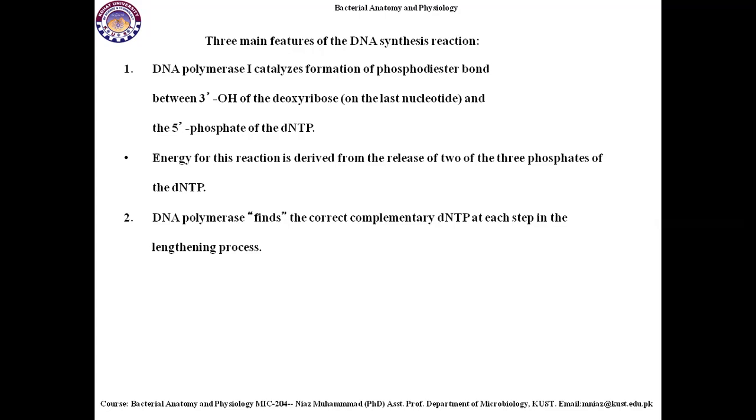Suppose we are keeping one brick at the bottom and deciding the next brick accordingly. Here also, one dNTP is bound with the growing DNA chain. Which next dNTP will come over here will be decided by the DNA polymerase enzyme.